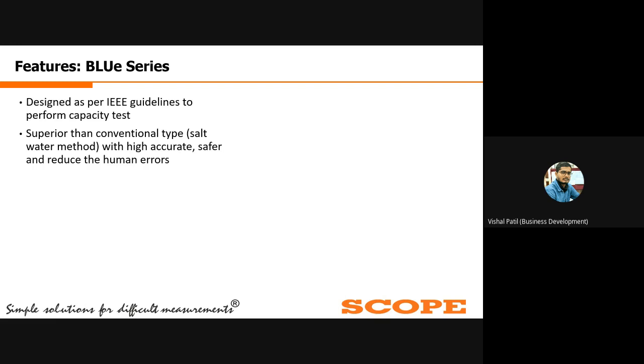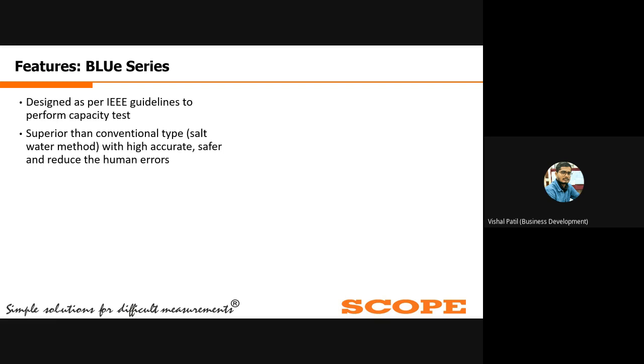So the position of the current clamp is not proper, and that's why you will get different readings at different time intervals. This human error will cause mistakes in the overall capacity calculation. So this is not a proper way to carry out a discharge test on a battery bank.